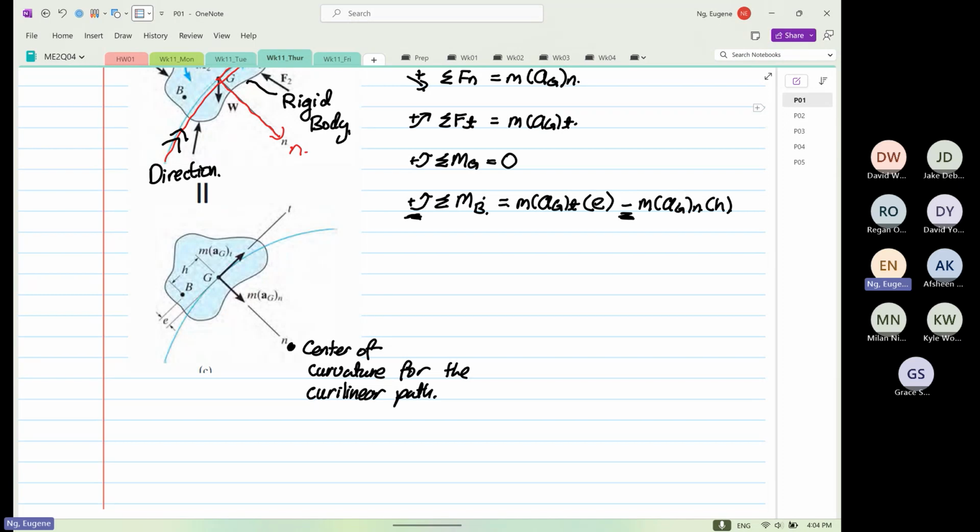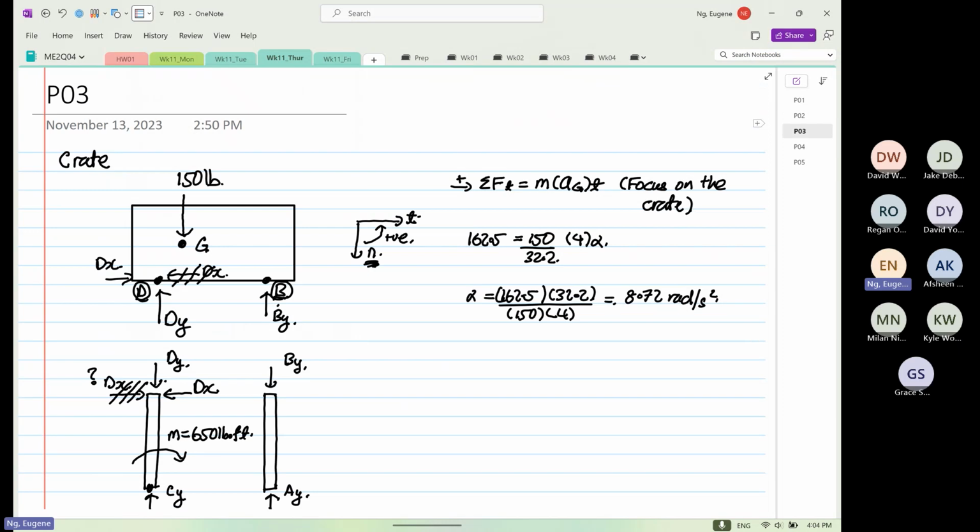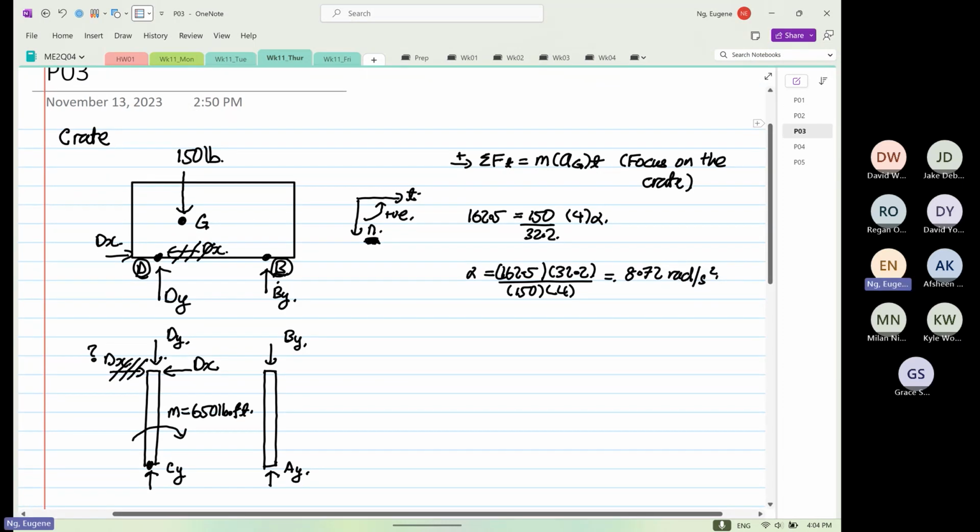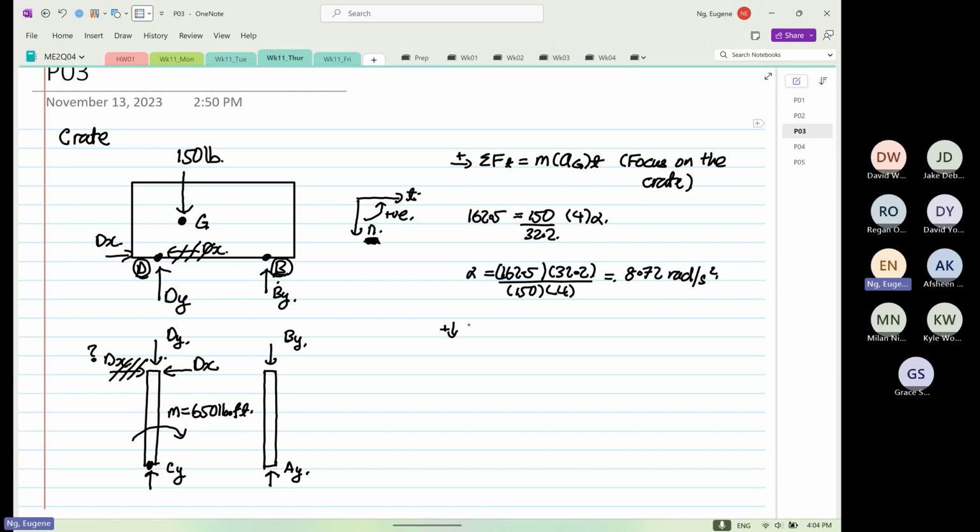So that's why it's pointing downwards. It's not pointing upwards. Are we clear? We have seen this before in the term test, in the topic on acceleration. So coming back to our problem over here, that's why n is pointing down. So next we're going to do something real straightforward. This is easy stuff, much easier than your term test.